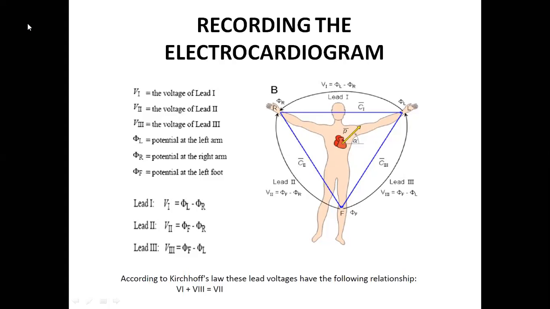The result we get, the plot or PQRST curve recorded on paper, is called the electrocardiogram, or electrocardiograph. Just like photograph and photography, it is electrocardiograph and electrocardiography. Clear? Thank you.